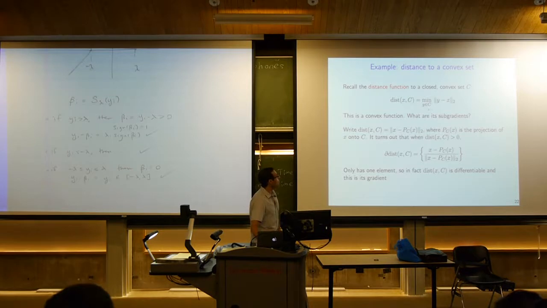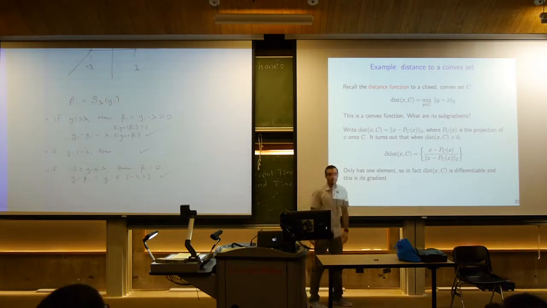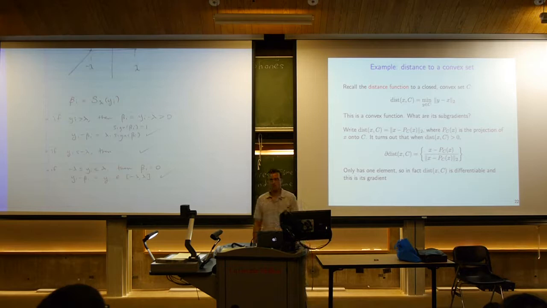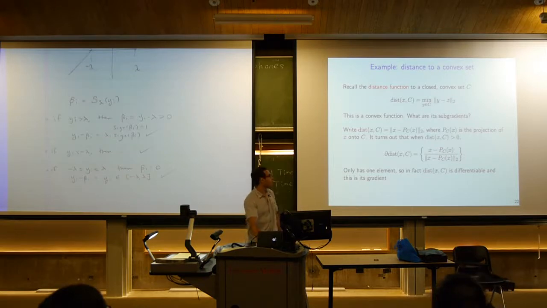And if I gave you this function as a function of x, and I asked you to prove that it's differentiable, that might be a complicated exercise in calculus. But from another perspective, we can actually prove that the set of its subgradients has only one element, right? And when that's true, we know that it's actually differentiable, and whatever that element is is its gradient. So it gives us an interesting implication that this function is actually differentiable, provided that we're looking at a point x at which the distance is positive.